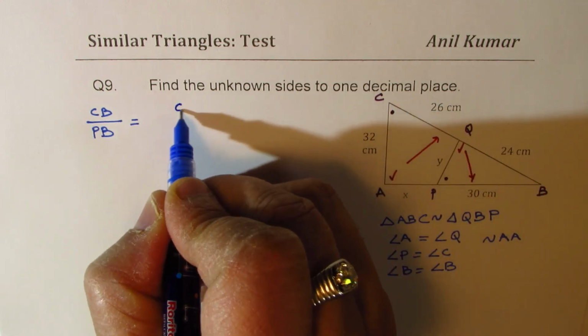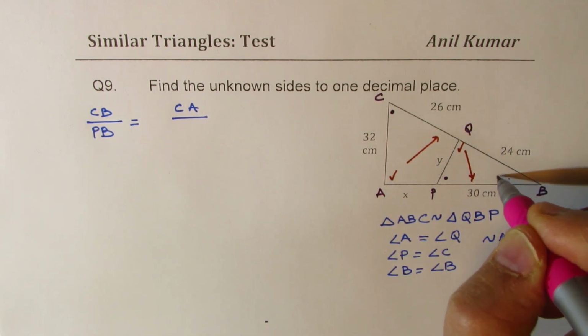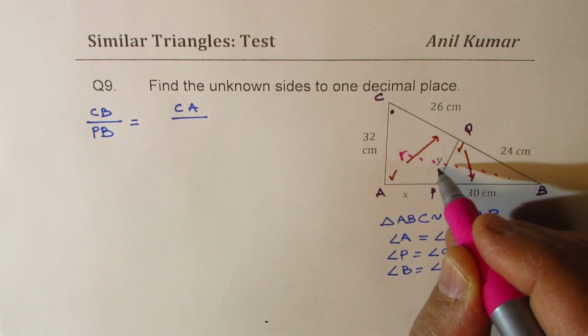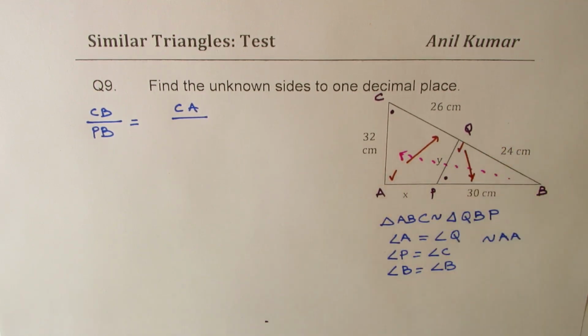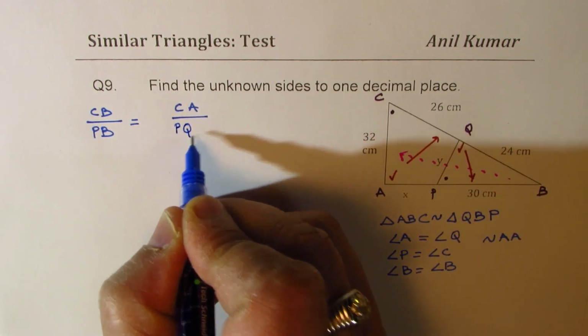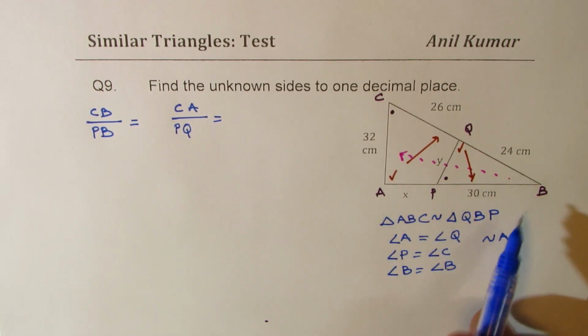Now CA is opposite to B. So in the smaller triangle, it is Y, which is PQ. So I hope you understand how we are matching the corresponding sides. It's kind of tricky in such diagrams.